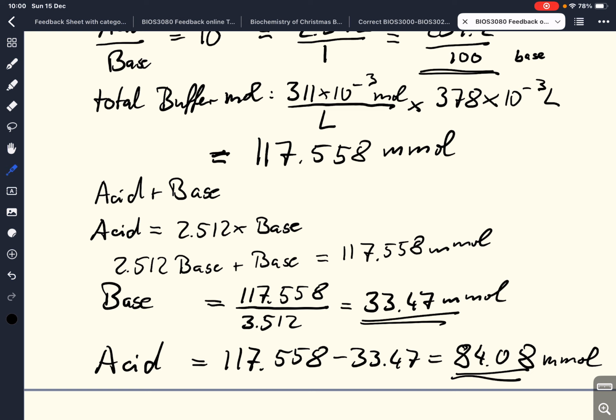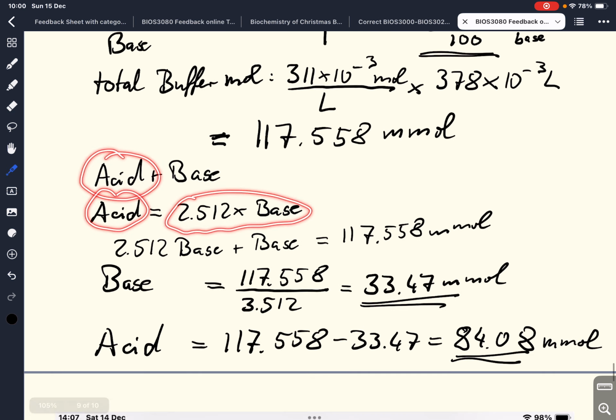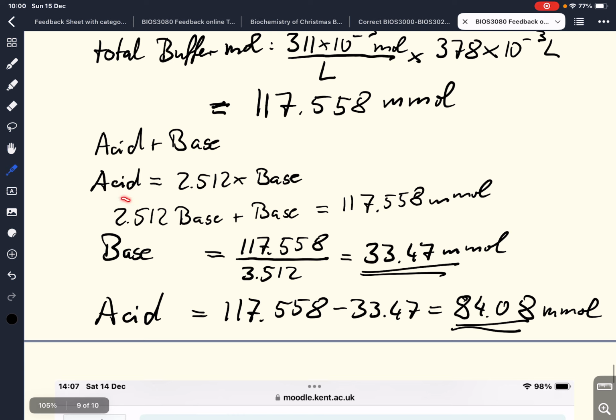Now we just substitute this acid with 2.51 times base. So we've got 2.51 base, that's our acid, plus 1 base equals the total amount of moles, 117.558 millimoles. And we now have just one equation with one unknown.